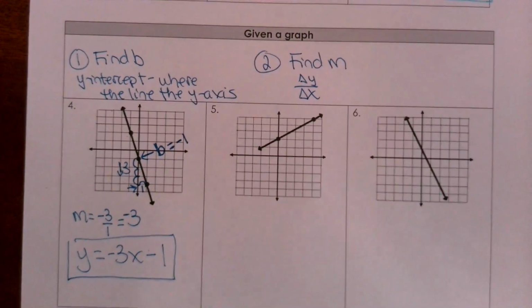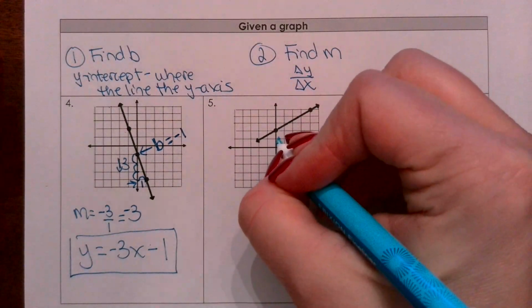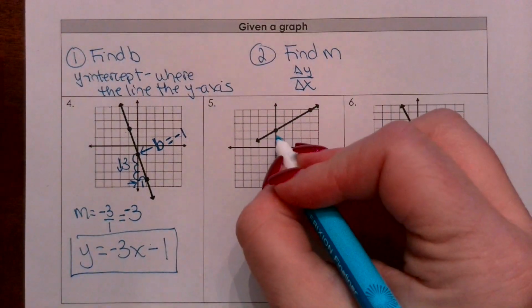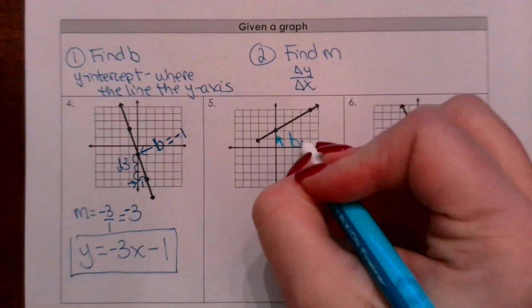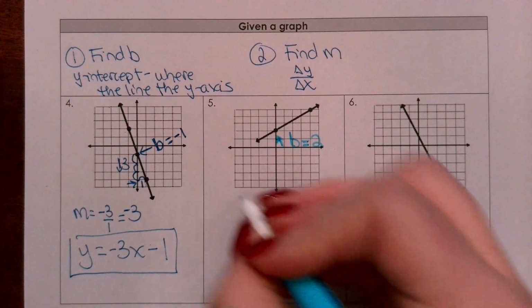Let's look at this next one. And you could pause it and try it on your own if you want. Why don't you do that? Welcome back. Let's look for our b. I can see this line crossing the y-axis here at 1, 2. So b equals 2. Now I need to look at my slope.